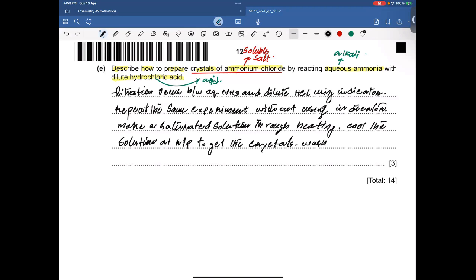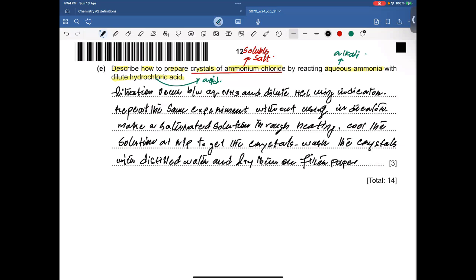Wash the crystals with distilled water and dry them on filter paper. So that's the end of this question also.